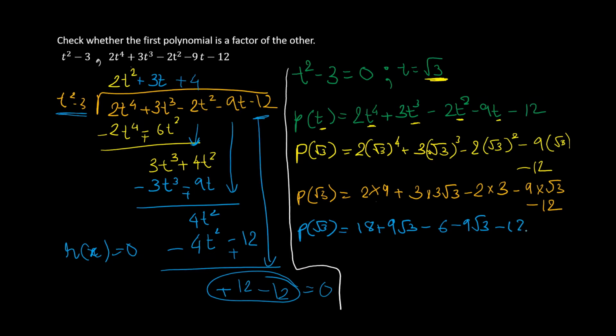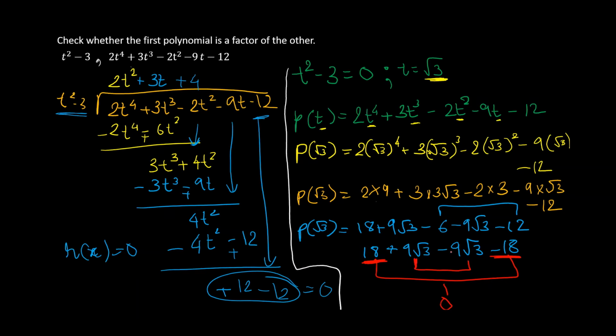Okay, now notice when we add these, we'll get 18 plus 9 under root 3 minus 9 under root 3, and these two will join them, so I'll get minus 18. Here there's something really nice, that here we have a plus 18 and a minus 18, so these two will give us a 0, and a plus 9 under root 3 and a minus 9 under root 3 will also give us a 0.